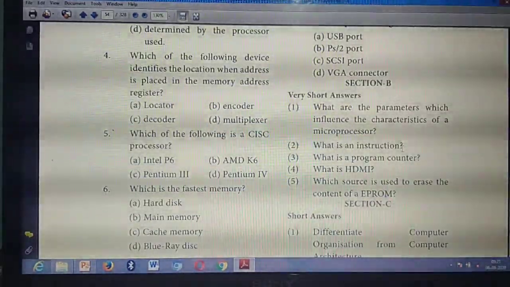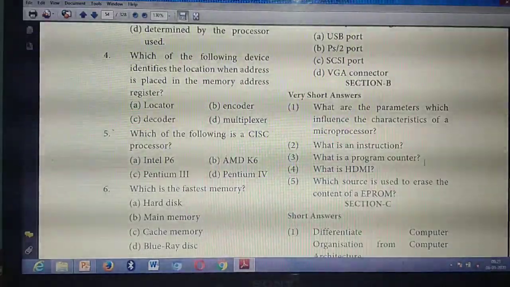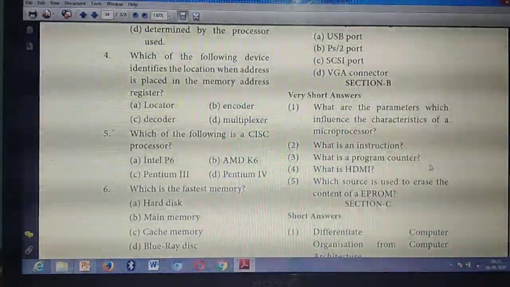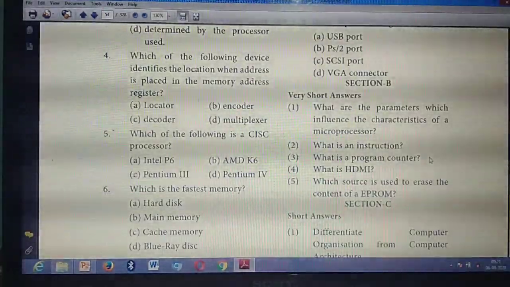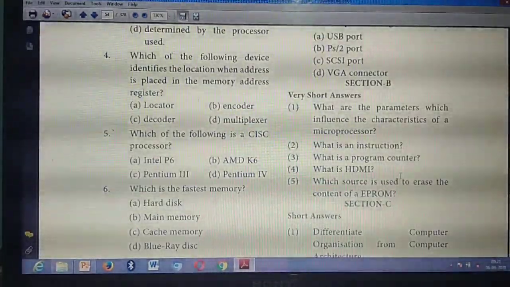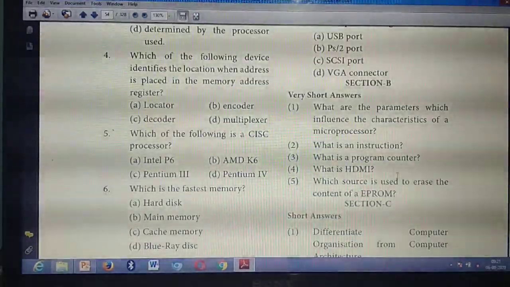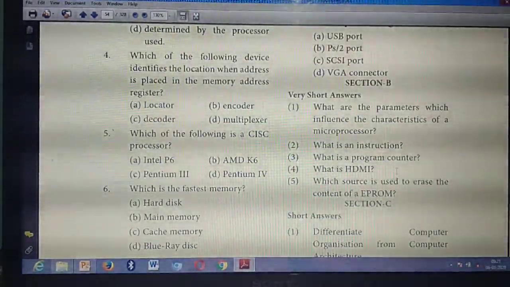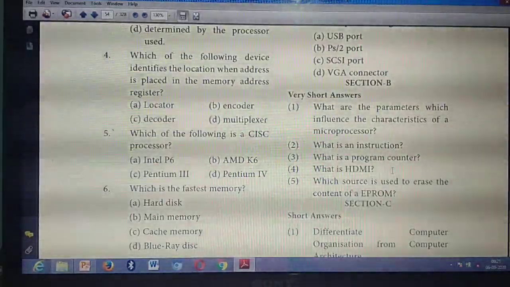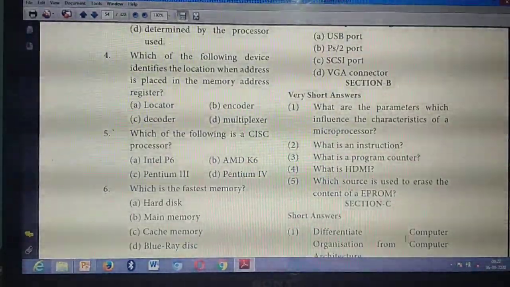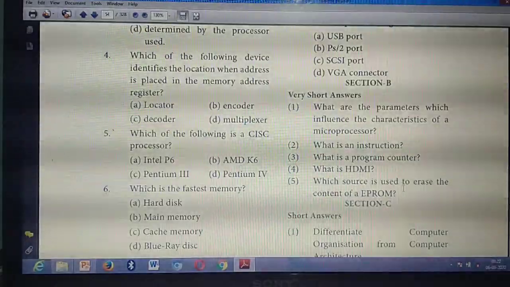Third question, page number 42, 43. Fourth question, page number 47. Fifth question, page number 43.